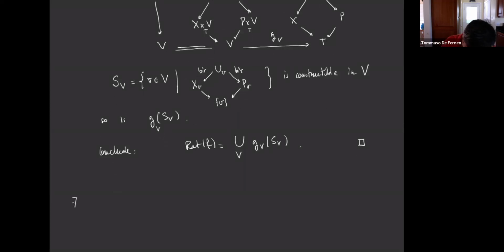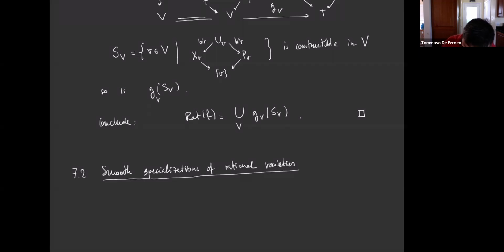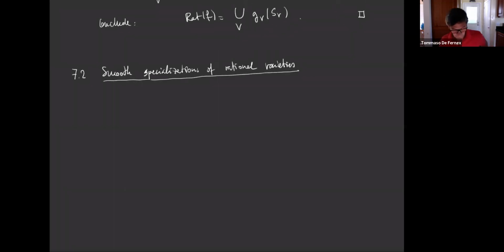So let me then move to the second part, which is the more interesting one. So let's talk about smooth specializations of rational varieties. Okay, so let me recall the theorem of Kontsevich and Tschinkel.